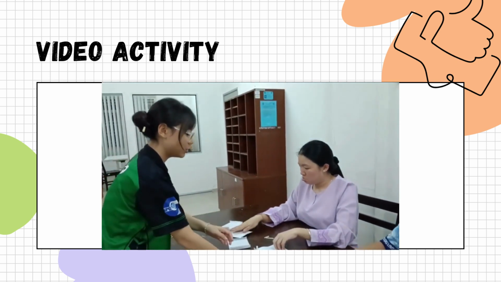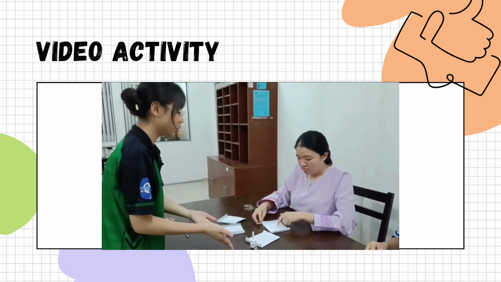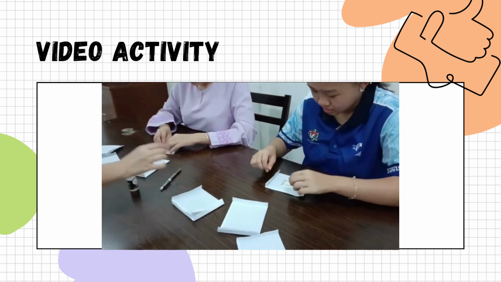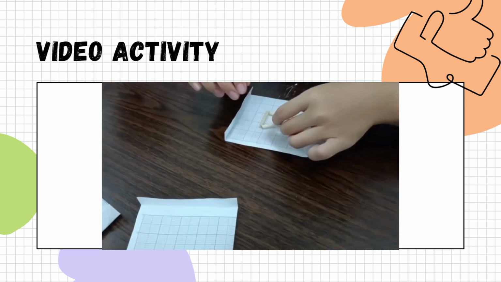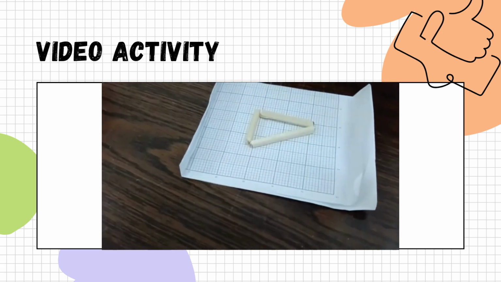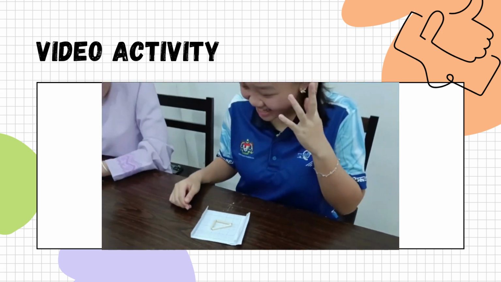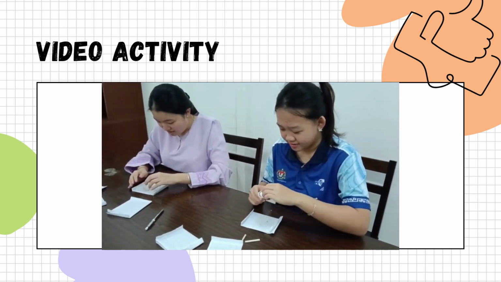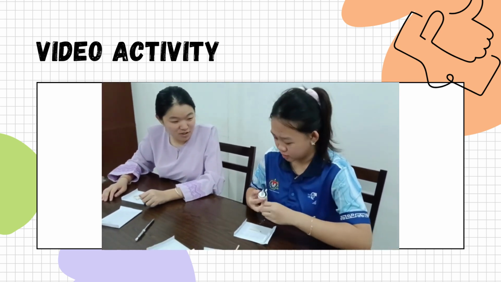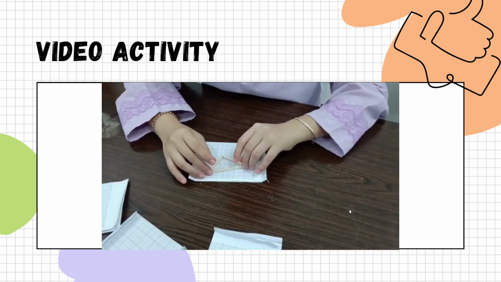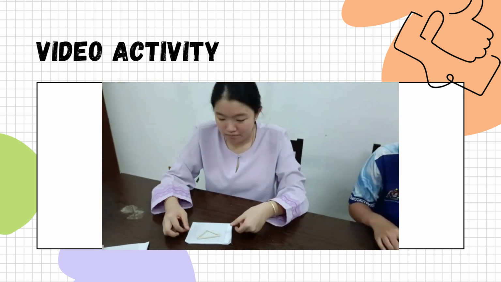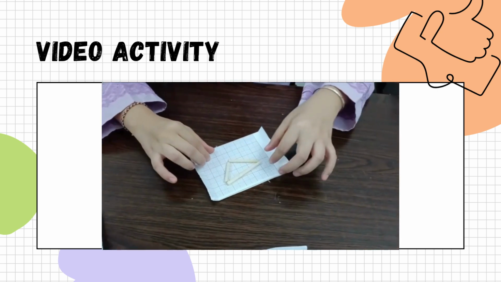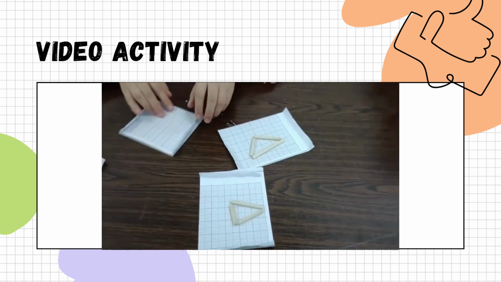Okay? You need to share use this glue. Okay, share. And after that you need to write down. Okay. Wow, right angle triangle. Wow, so smart. Wow, right angle. Okay, next.